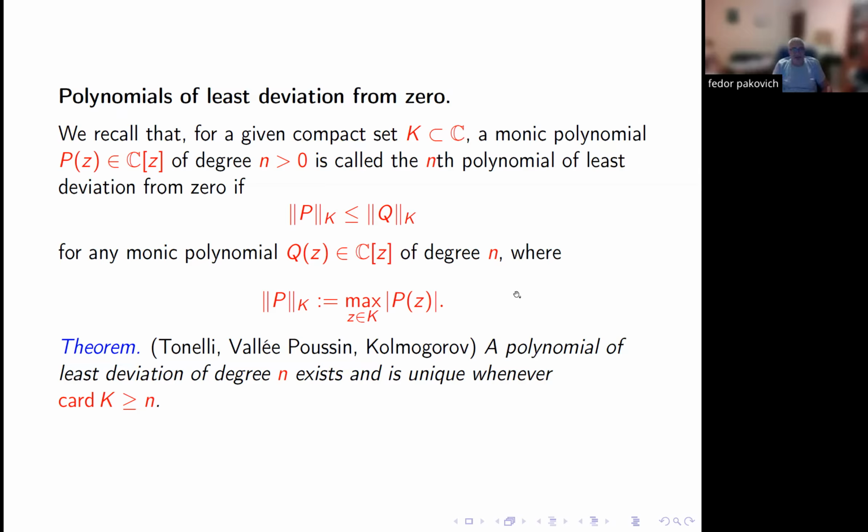As for the result, first it is quite easy to show that such a polynomial always exists, but a little bit less trivial is to show that it is unique whenever the set K contains at least n points. It was first proved by Tonelli, with some version by Vallée-Poussin, and also by Kolmogorov in a much more general setting.